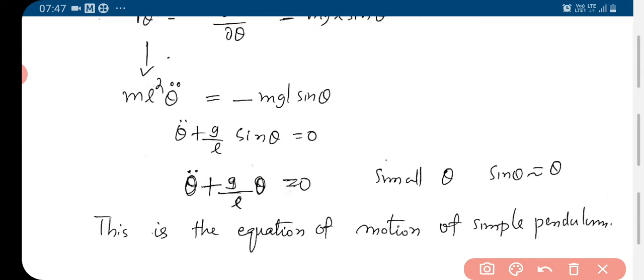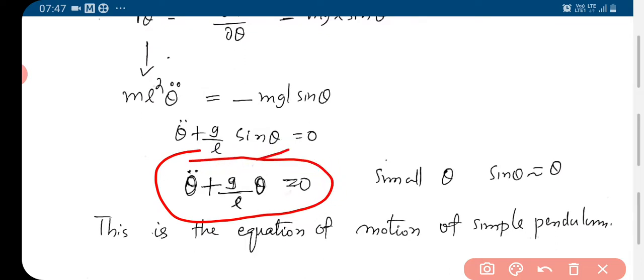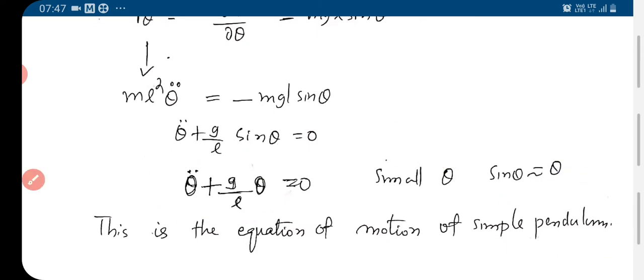So this is theta double dot plus g by l sin theta equal to 0. For small theta, as we always make this approximation, sin theta is theta, so theta double dot plus g by l theta is equal to 0.